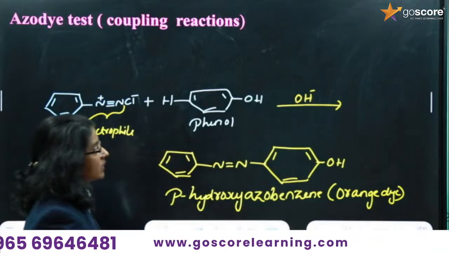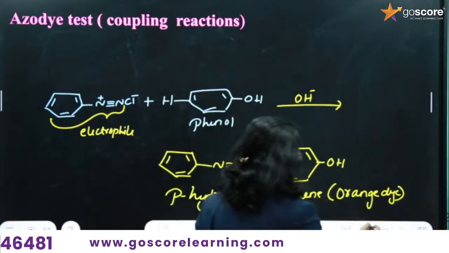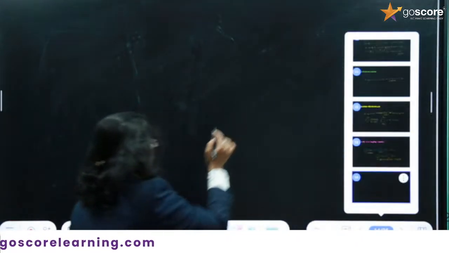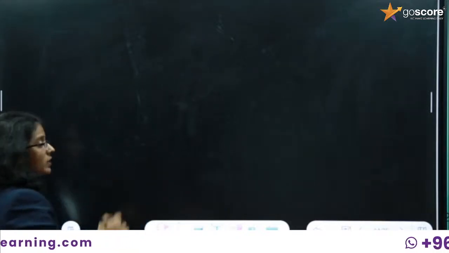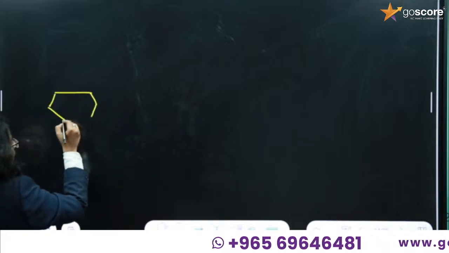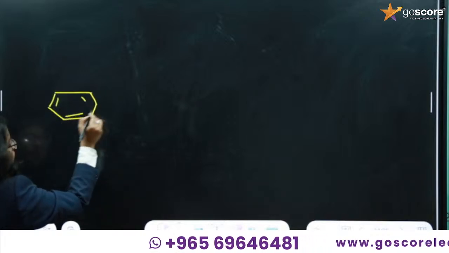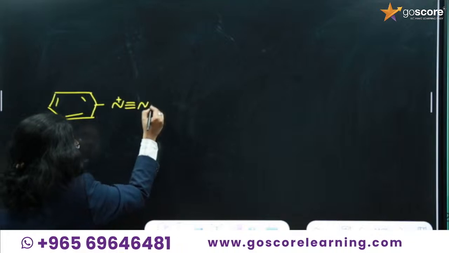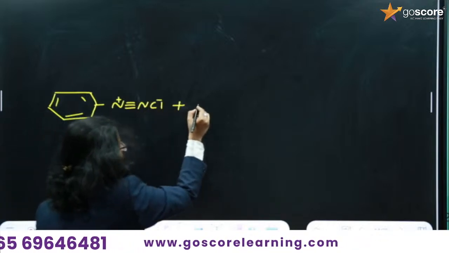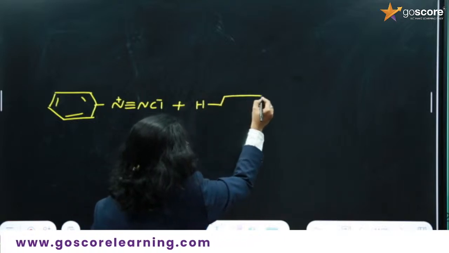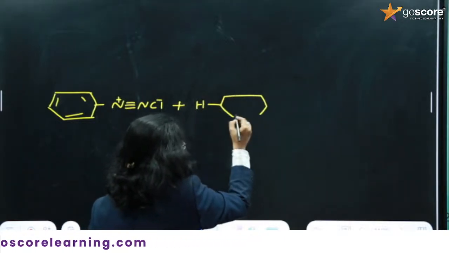Okay. The next one: if you are taking aniline instead of phenol, you will get para amino azobenzene. First we have to react benzene diazonium chloride, and from the para position hydrogen will be removed and the electrophile will be attached at the para position.